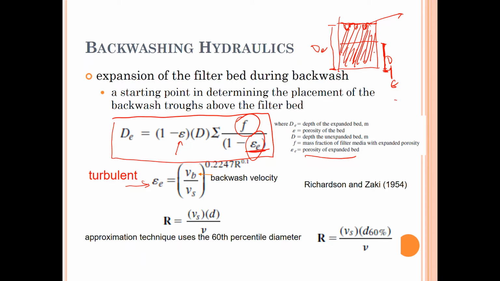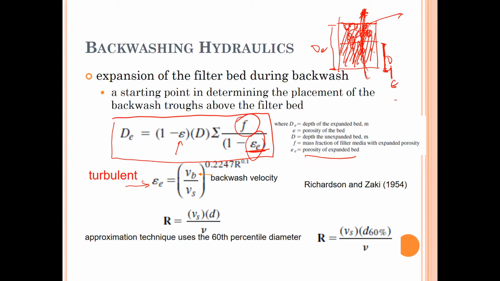Now remember, when we do backwashing, we have to have higher velocity so that all particles of the bed get suspended. So the flow regime during this backwashing is kind of turbulent.